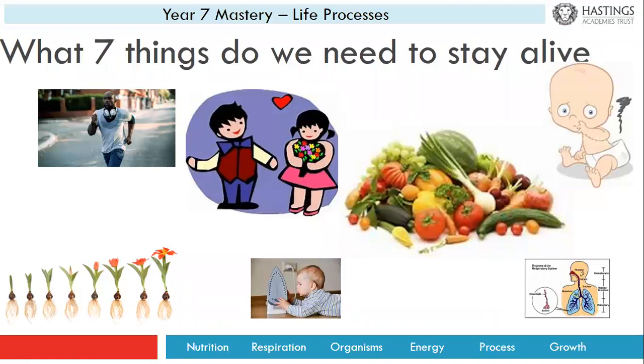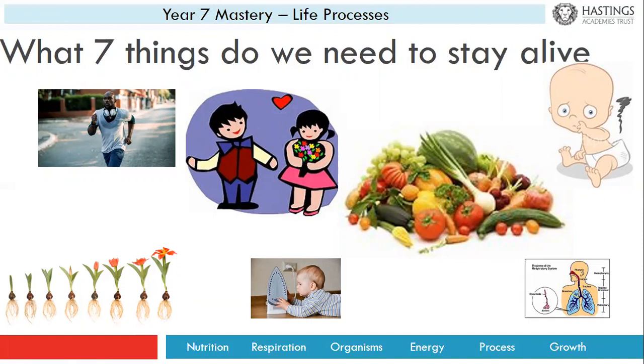Right, here are little pictures to prompt you of the 7 things that we need to do to stay alive. Okay, so pause the video, and think amongst yourself, writing a list of what you think each picture represents.